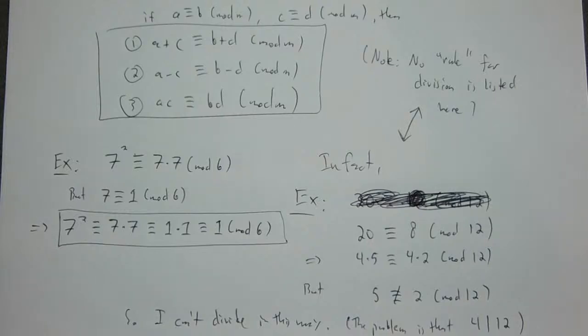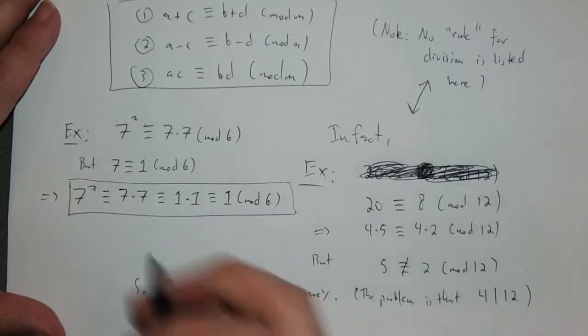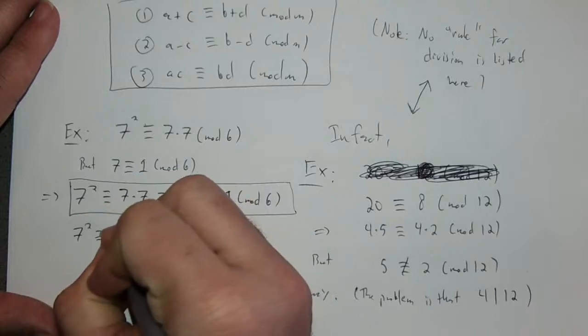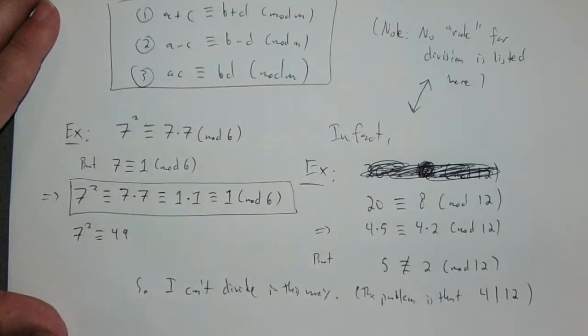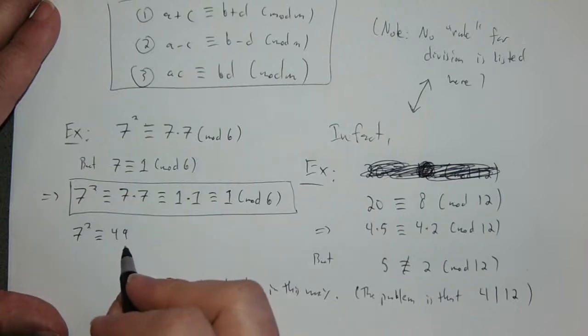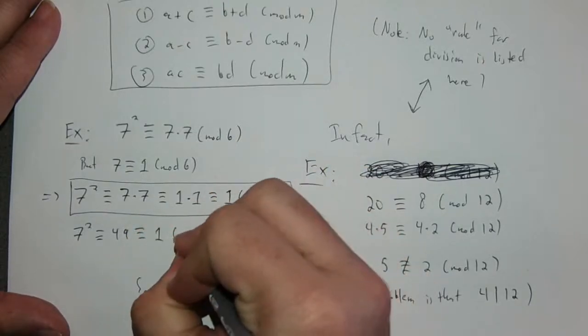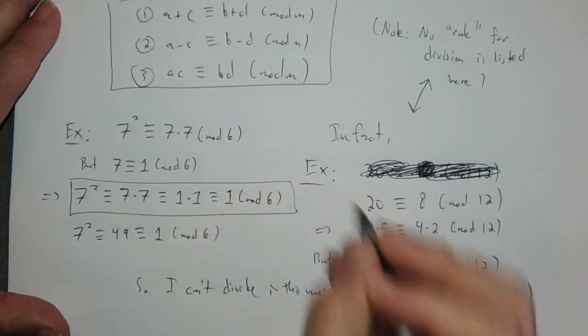Okay. Now, as I mentioned, I could have just said 7 squared is congruent to 49 mod 6. But 49 mod 6, well, 48 is a multiple of 6. So I could have just said 49 itself is congruent to 1 mod 6 and been done, right?